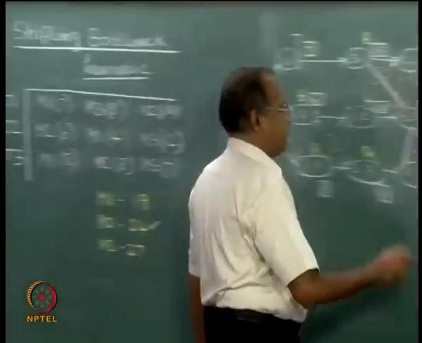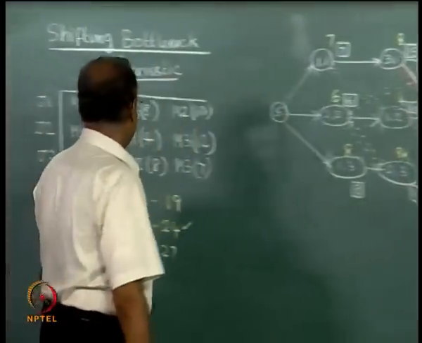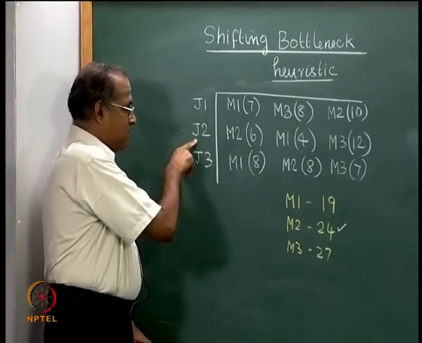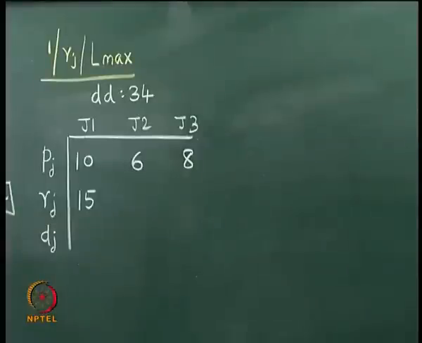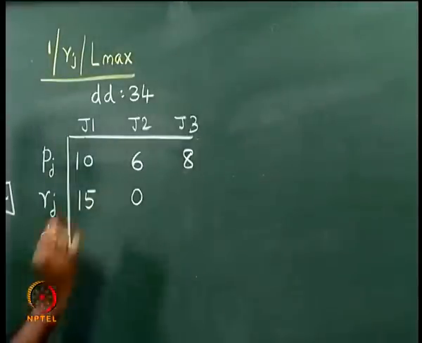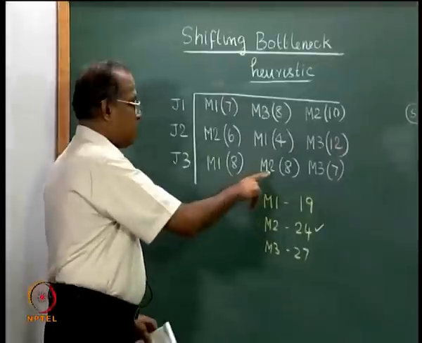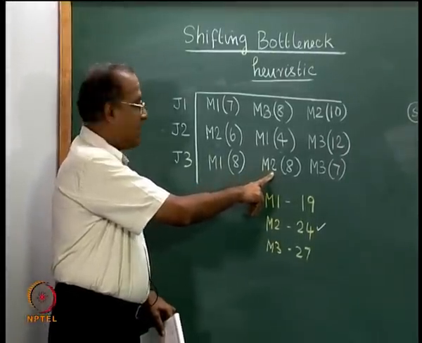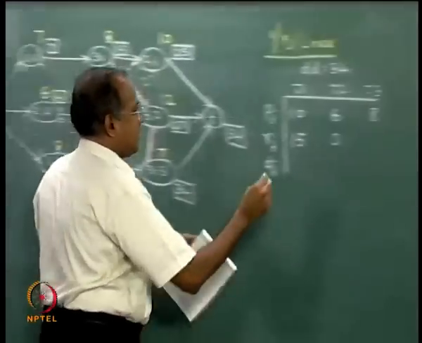So rj is 15 here. As far as J2 is concerned, J2 on M2 is the first operation, therefore the earliest it is available is 0. As far as J3 is concerned, M2 is the second machine, and therefore the earliest J3 can be available at M2 is at time equal to 8.